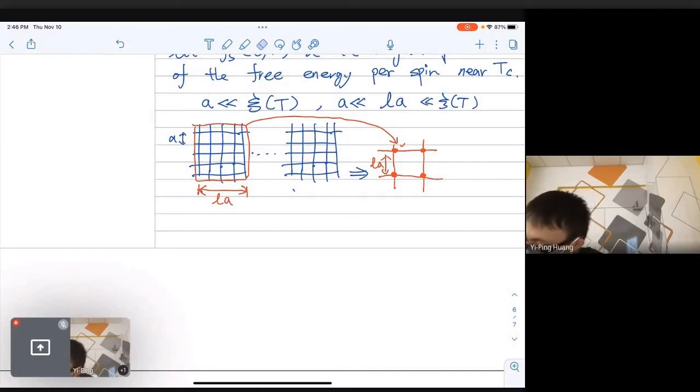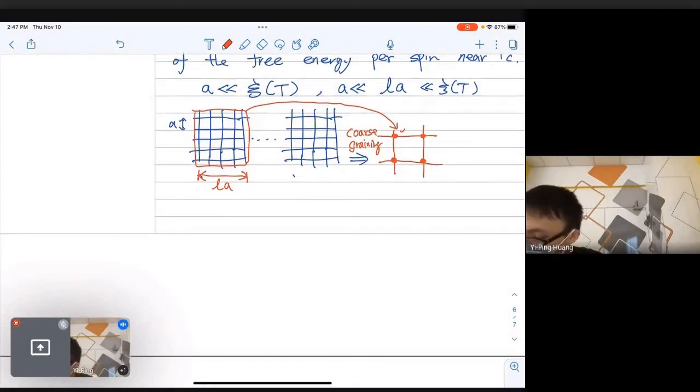But anyway, that's basically just one process where we do the coarse graining. And after that, we effectively get a new Hamiltonian.